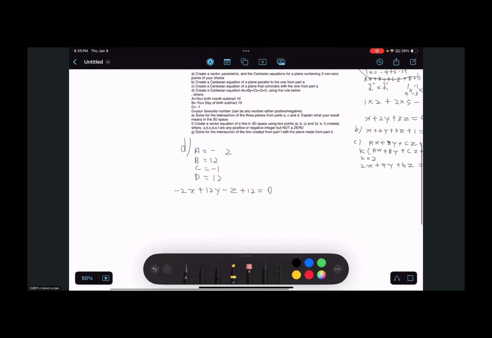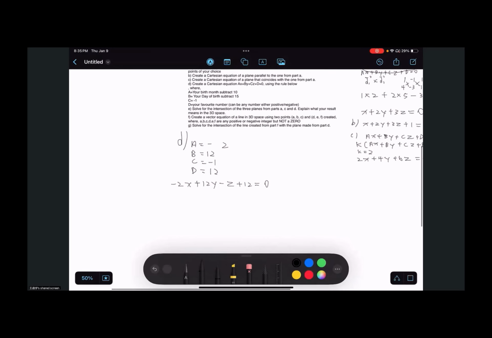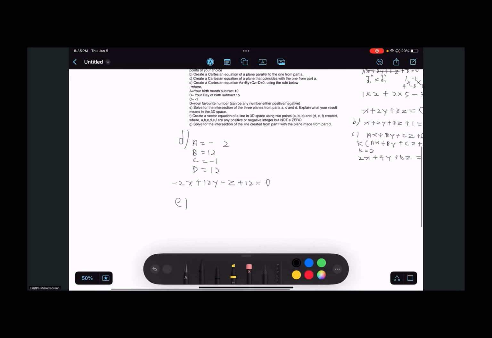Let's look at part E. It says for the intersection of the three planes from part A, C, and D, explain what your result means in 3D space.